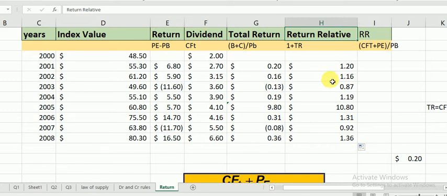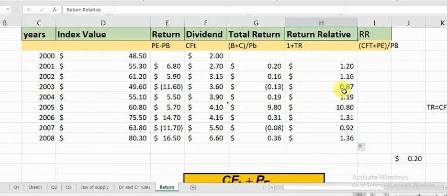Similarly, in 2002 the value is 1.16, so it shows that the returns which we generate are more than 1. Comparatively, on each dollar we are getting a positive return of 0.16.